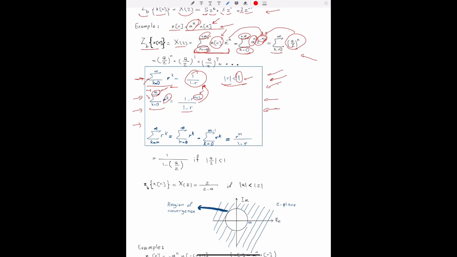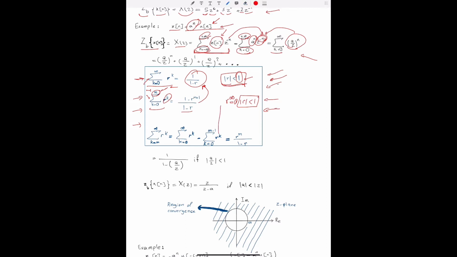And if m goes to infinity, r to the power of infinity when the magnitude of r is less than 1 will be 0. That's why this has to hold, right? Because if it does not hold and r is higher than 1, then r to the power of m plus 1 will be infinity. But if the magnitude of r is less than 1, r to the power of infinity would be 0.